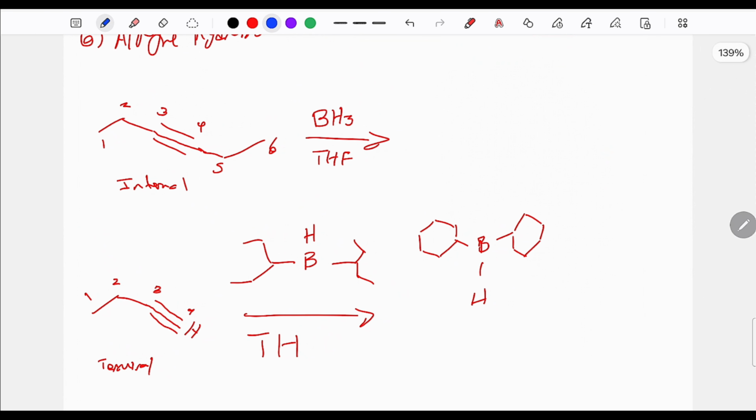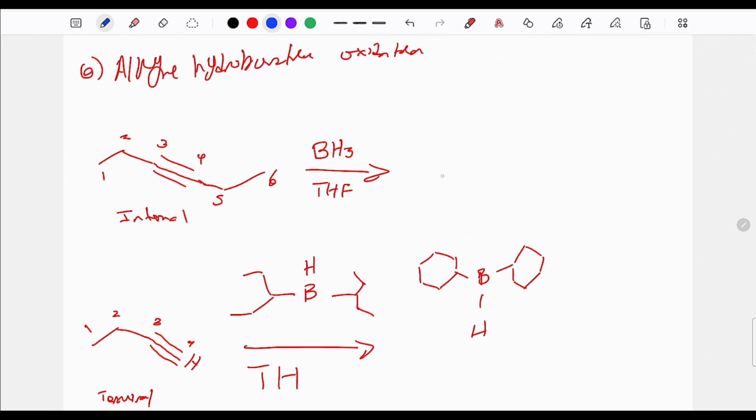So, if I have the internal alkyne, what is going to be my product? Well, I'm going to get my vinyl borane intermediate. 1, 2, 3, 4, 5, 6. With the double bond being at the 3 and 4 position, the borane being added here.